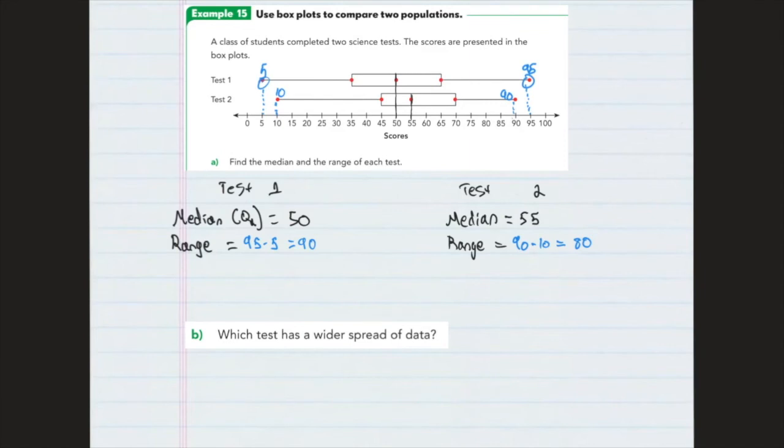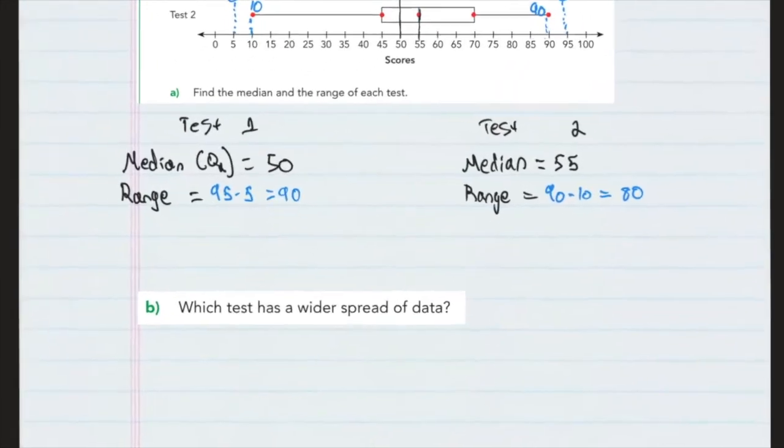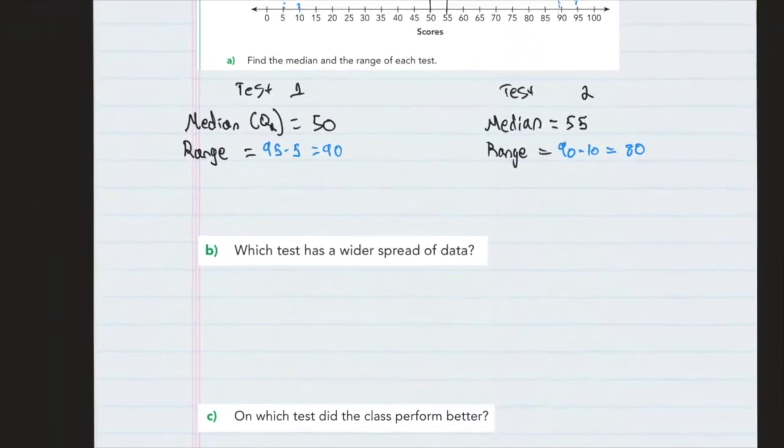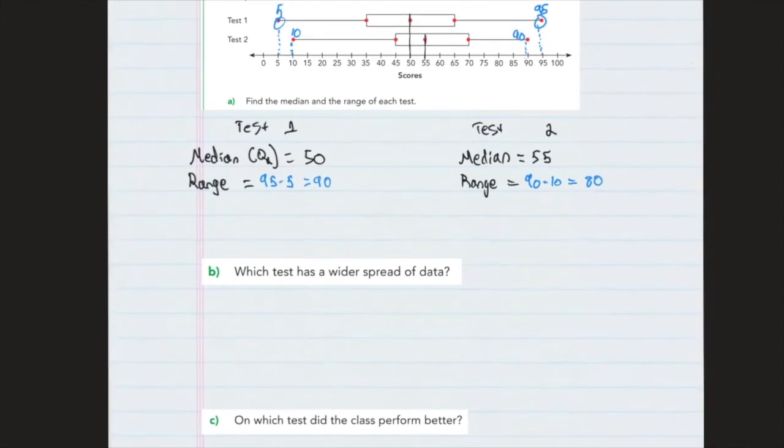And next we're asked which test has a wider spread of data. So when we talk about spread, we're usually talking about range. Because test 1 had a larger range, test 1 would have a larger spread of data.